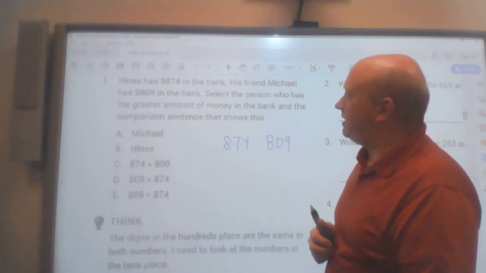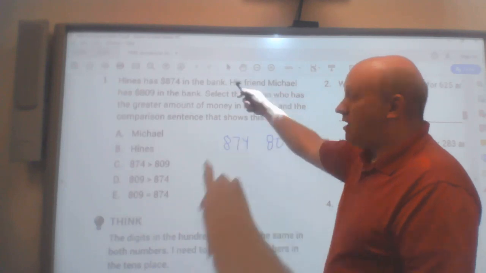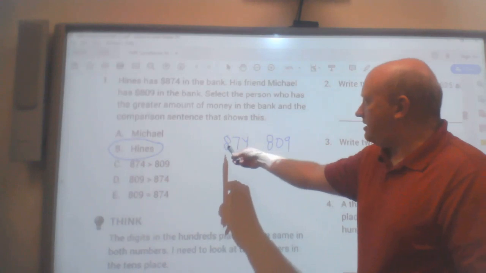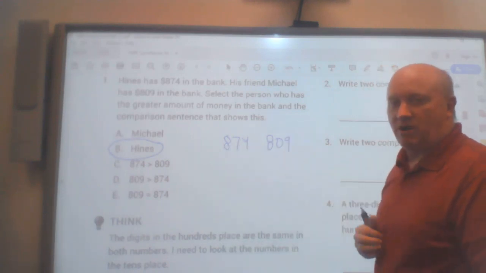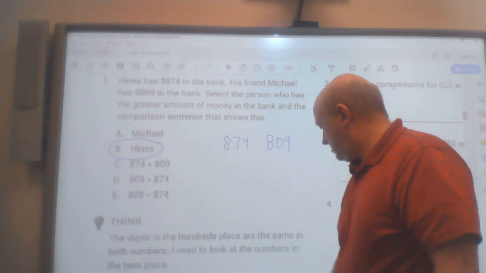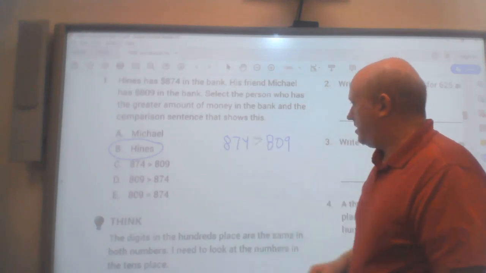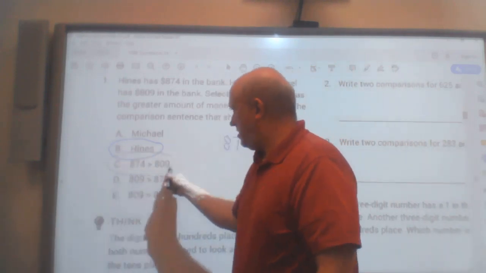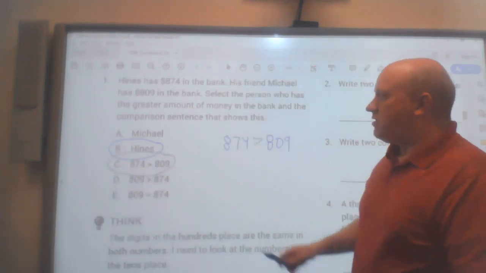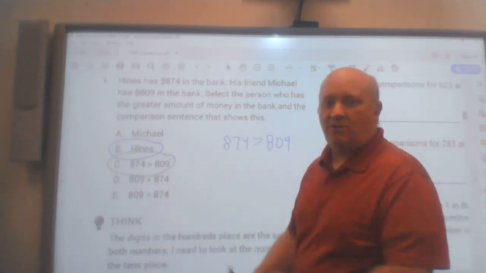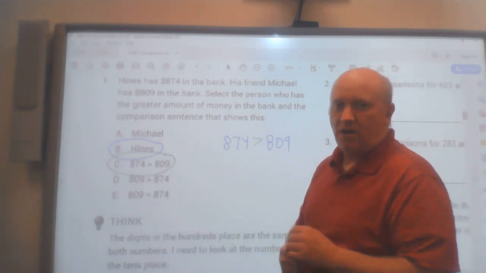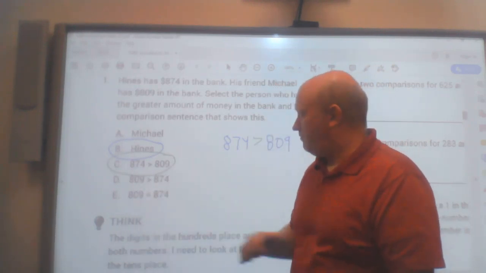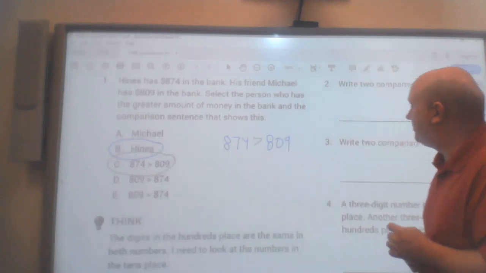Who has the most money? Who has a greater amount of money? Heinz. Okay, Heinz. Is 7 greater than 0? Yes. There's my mouth going towards the largest number. Could it be D? Is 809 greater than 874? No. Could it be E? Is 809 the same as 874? No. So the only answers could be B and C.